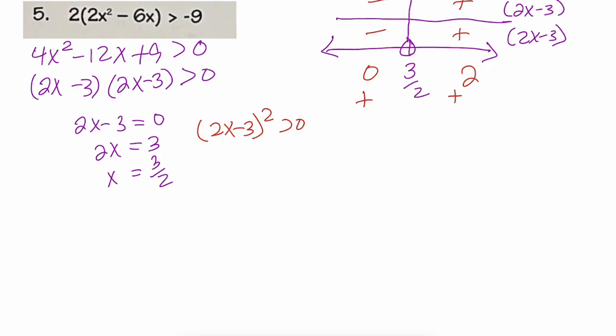But here's the weird thing about this particular answer. We do not include the 3/2. So it's really every value on the number line except for 3/2. We can have any x that is less than 3/2, or any x that is greater than 3/2. We just can't have 3/2.